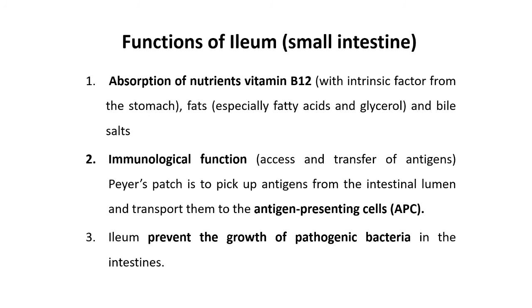So whenever antigen presenting cells receive these antigens, it shows an immunological function, because another function of small intestine, that is ileum, is to prevent the growth of pathogenic bacteria in the intestine.